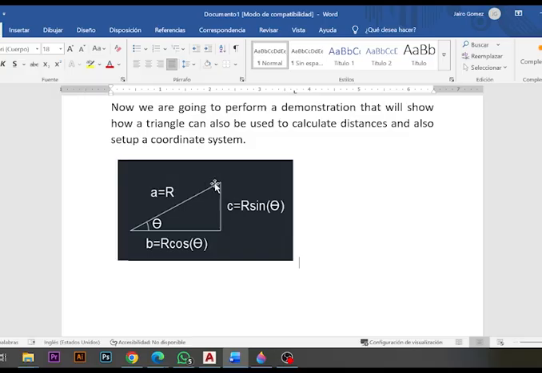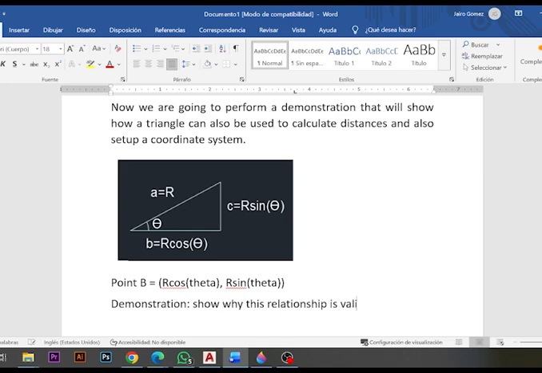So if we were to look at this point right here, that point, which we're going to call point B, would be equal to r cosine theta, r sine theta. So that will be the demonstration. We'll show why this relationship is valid.